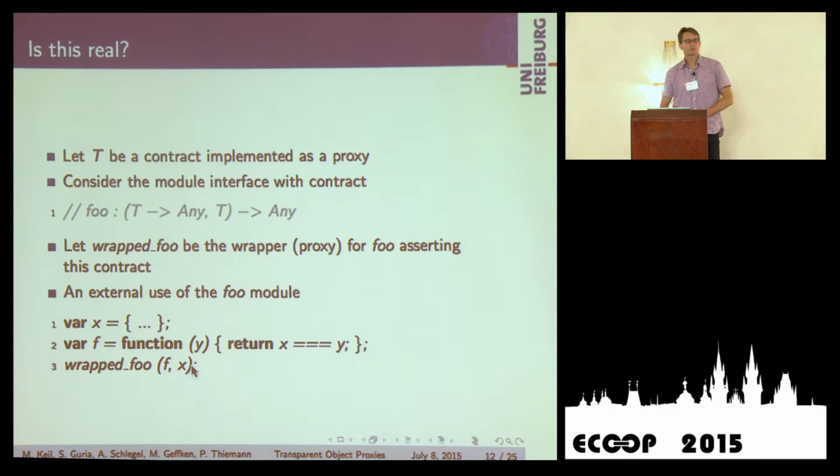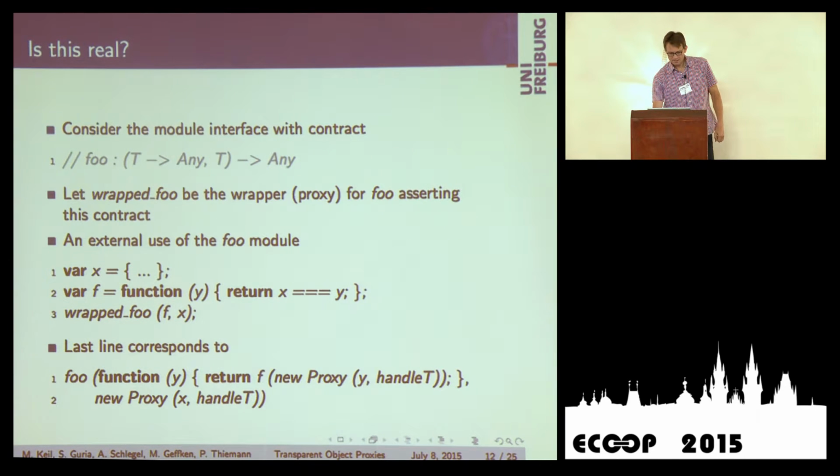At this point, I have to reveal what the wrapper actually does. Maybe you don't, sorry, I can't scroll it, but then you'll see the next point I want to make. The last line actually corresponds to the following. The function argument f here is going to be wrapped in another function.